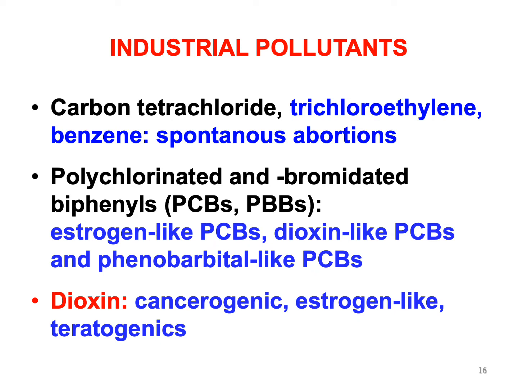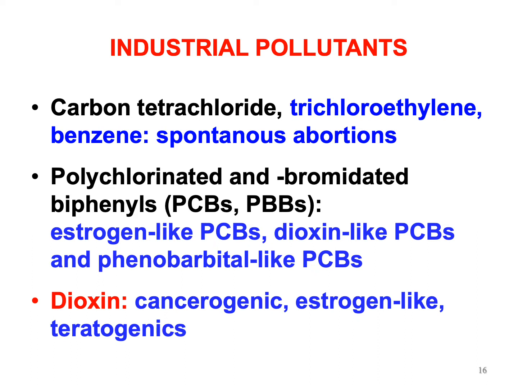The PCBs may be considered as families of more than 100 particular chemical compounds, and they can be classified into estrogen-like PCBs, dioxin-like PCBs, and phenobarbital-like PCBs.